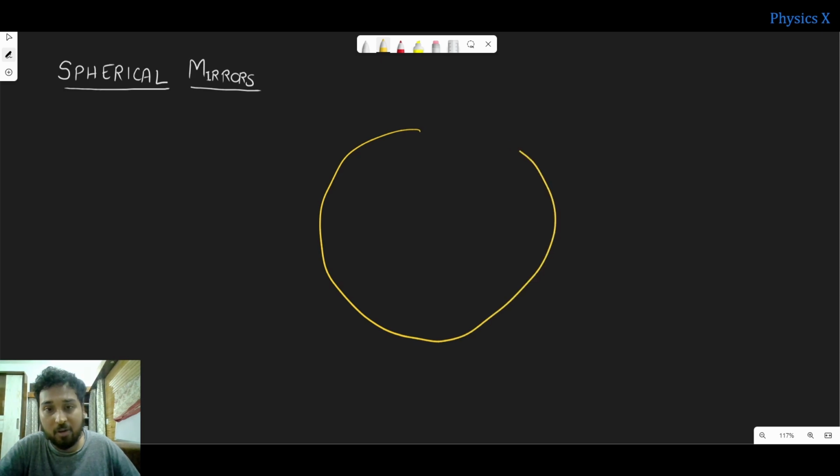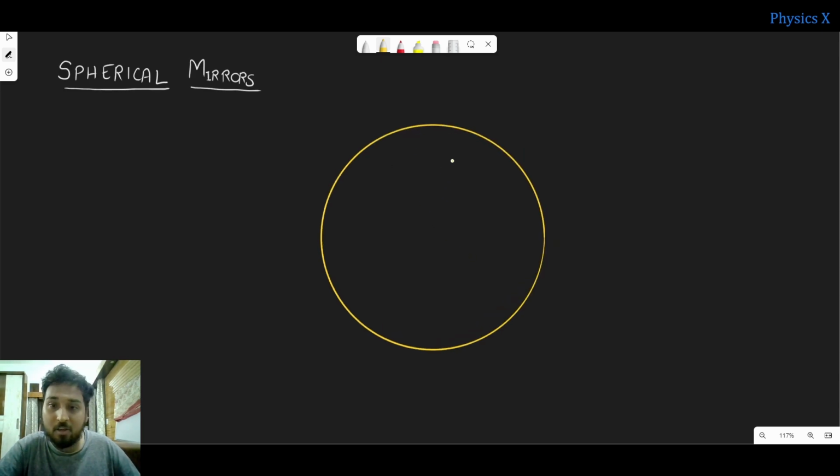Actually, these are nothing but a part of a hollow sphere. For example, if I draw a sphere like this, suppose this is a hollow sphere.